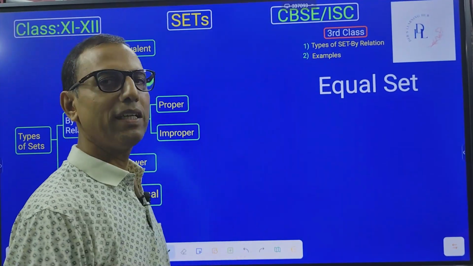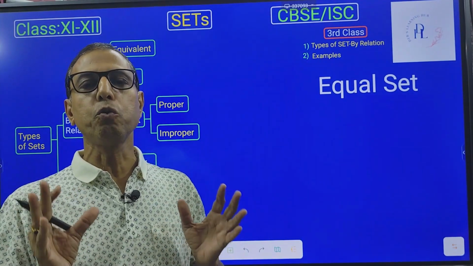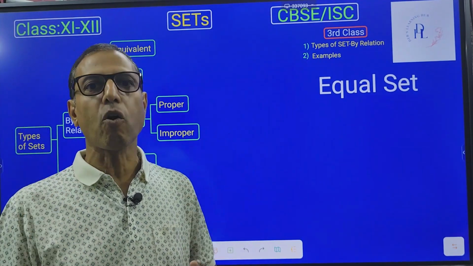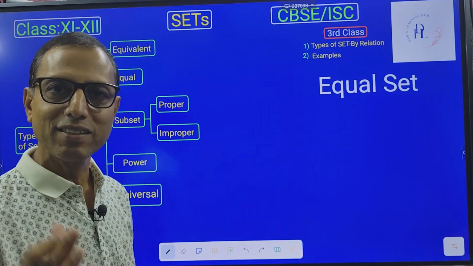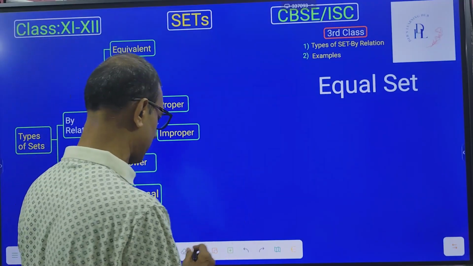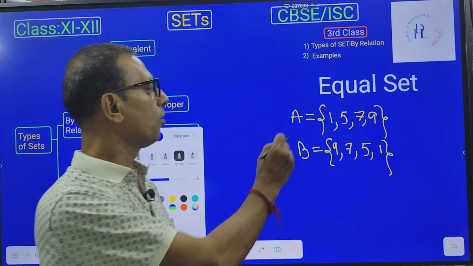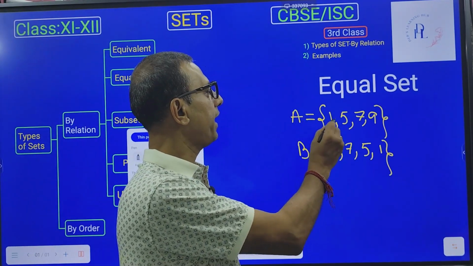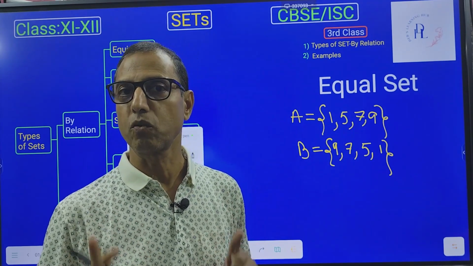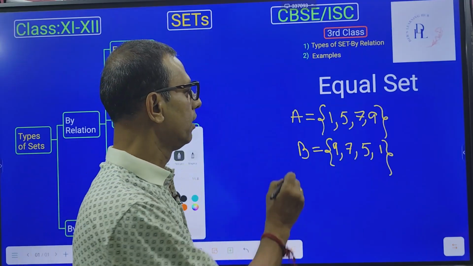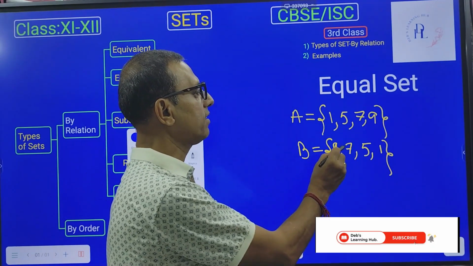Now equal sets. If 2 sets have the same order and the same members, then those 2 sets are called equal. Very simple. Look at this example. Set A has the members 1, 5, 7, 9. How many members? 4 members. Set B has 9, 7, 5, 1.